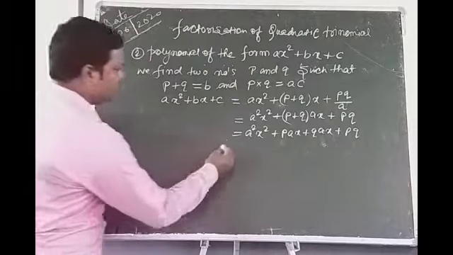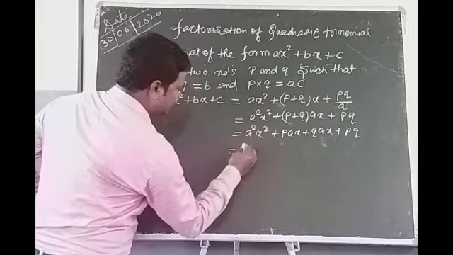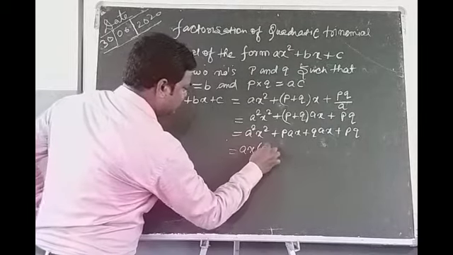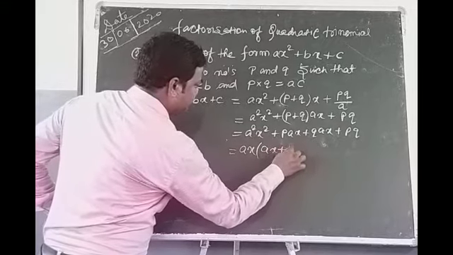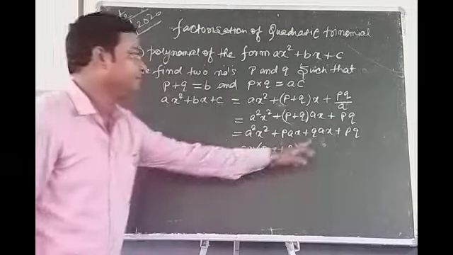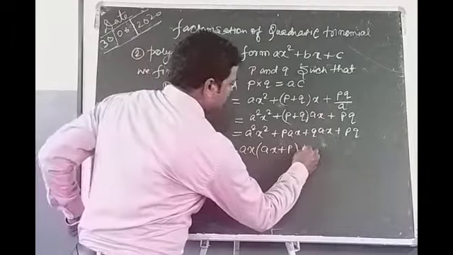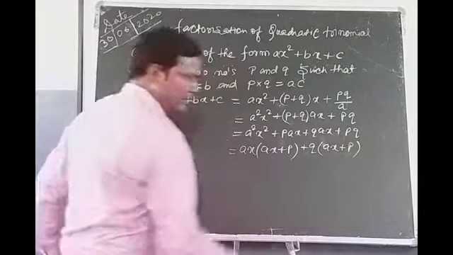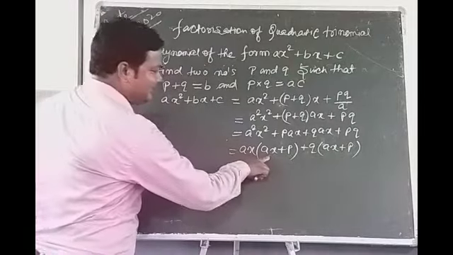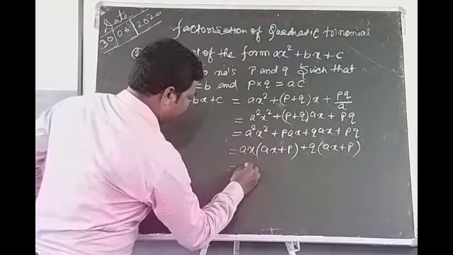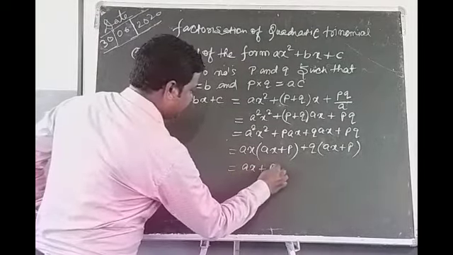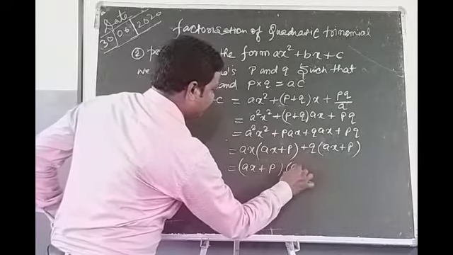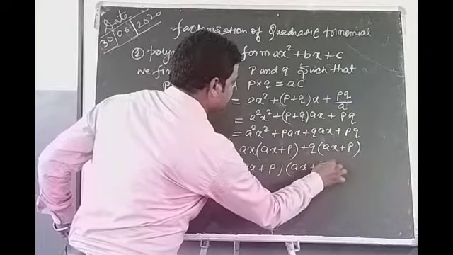Okay, now look here, what is common? Here is ax, here is ax. Taking ax common, what is left? ax plus p. Now from the other two terms, q is common, and again ax plus p is left. Now here is ax plus p, here is ax plus p, so taking ax plus p common, we get (ax plus p) into (ax plus q).